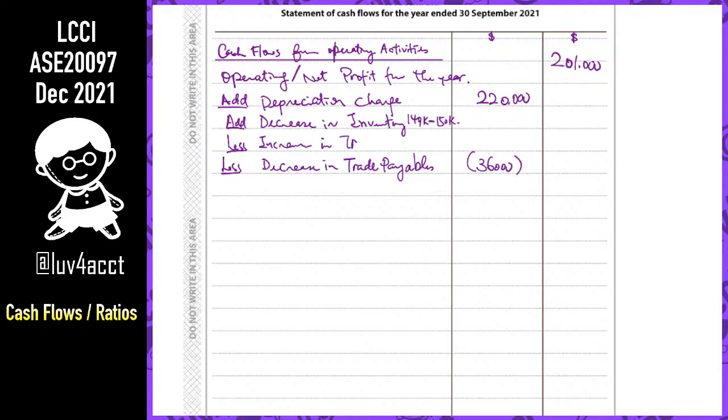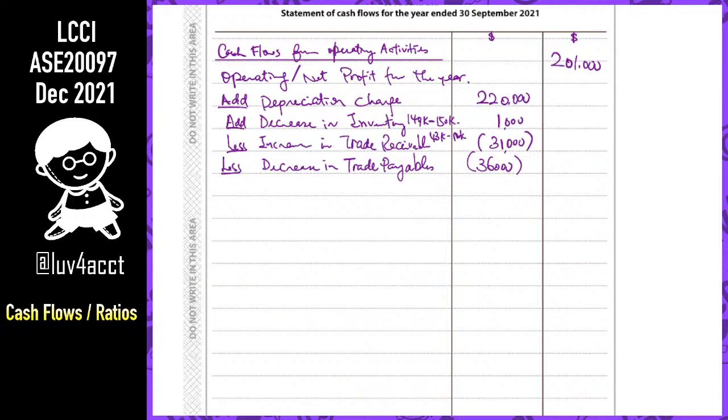Increase in trade receivables, from 43,000 minus 12,000. So we have 43 minus 12, 31 now.